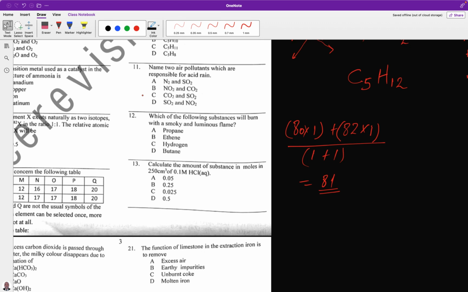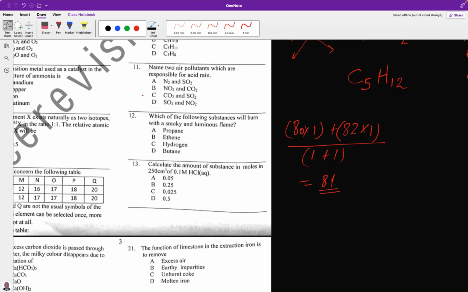Question number 11. Name 2 air pollutants which are responsible for acid rain. A, nitrogen and sulfur dioxide. No, there's sulfur dioxide, but not nitrogen. B, nitrogen and carbon dioxide. There's nitrogen dioxide and carbon dioxide, one but not the other.